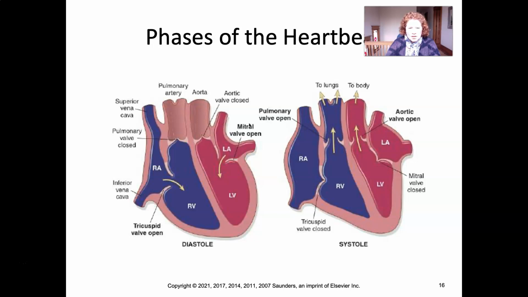When is the tricuspid open, and when is it closed and the pulmonary valve is open, versus when is the mitral valve open on the left side, and when is it closed, so that the aortic valve can open and push that blood out into the body. All right, so you may want to try and work this out as to what's happening. What's closed at the same time, what's open at the same time, and what's happening.